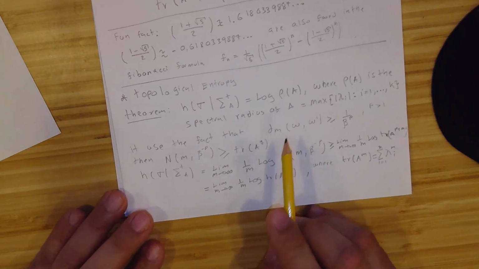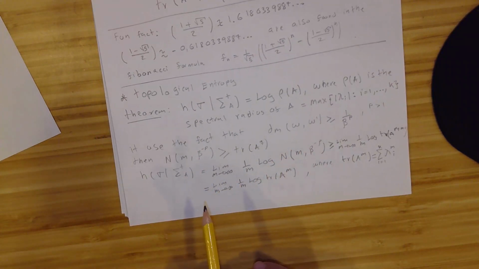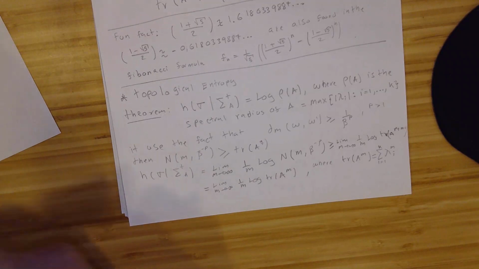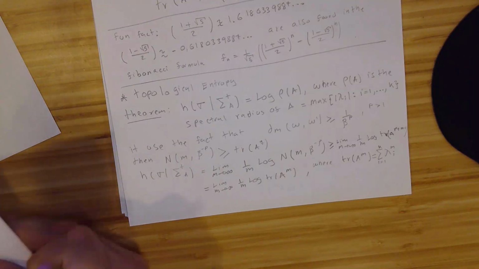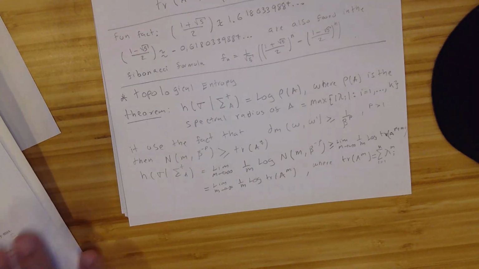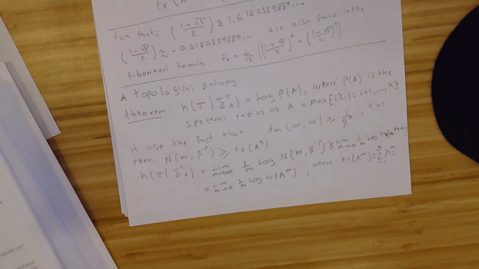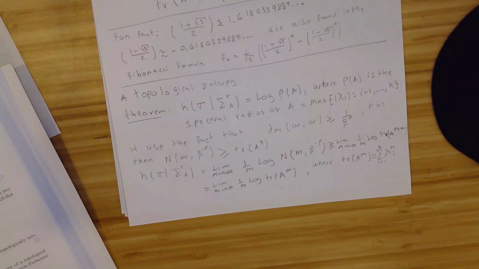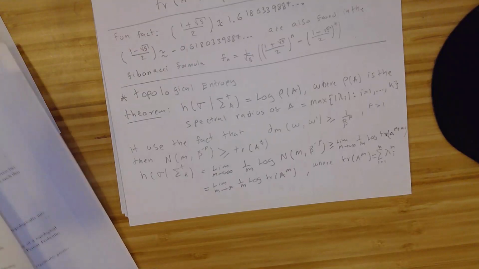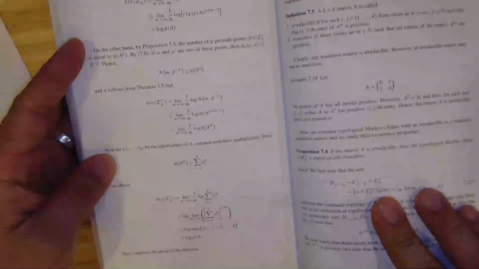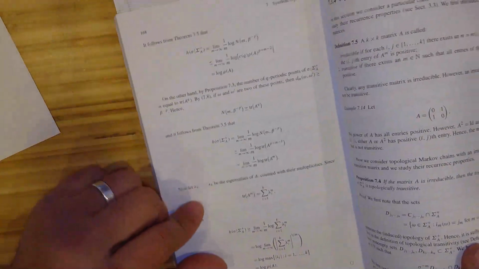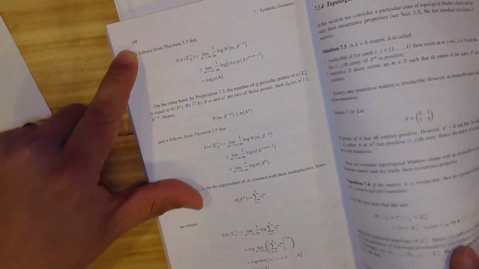To prove that, the proof is detailed in the book, but I just want to give you an idea of what they do in the proof. This is the actual proof for this, on this page.